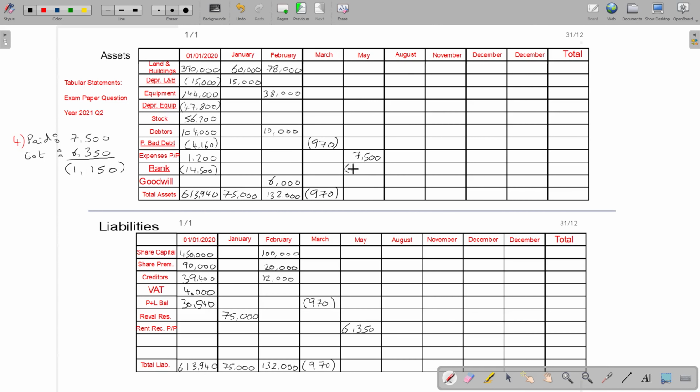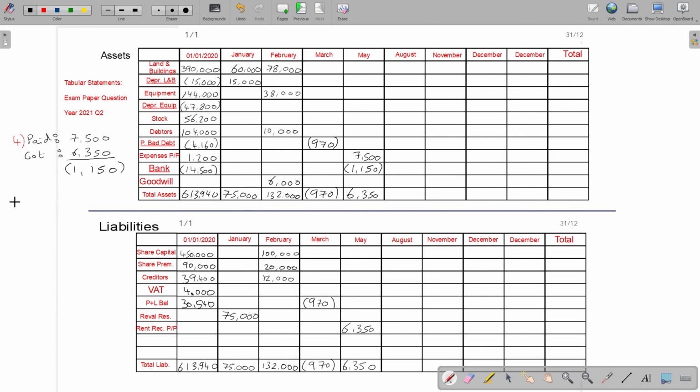So we lost money of 1,150, so we overspent, let's say, that month. In that case, we would have 6,350 in here and 6,350 in here, and these now both balance.